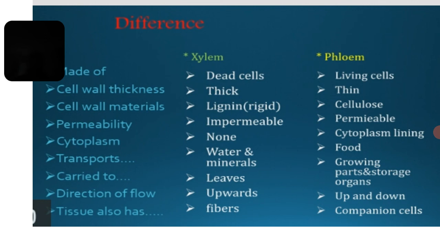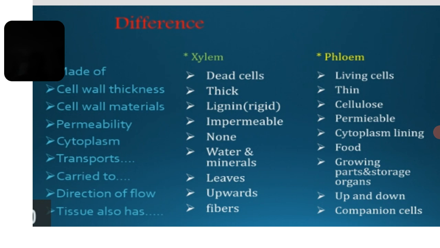When you see the direction, the xylem transports water only in the upward direction. Just as we observe in our homes, when you switch on the motor, water is pumped upward from the ground floor to the first floor.